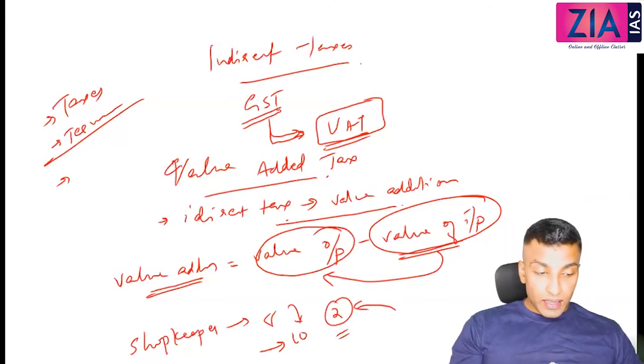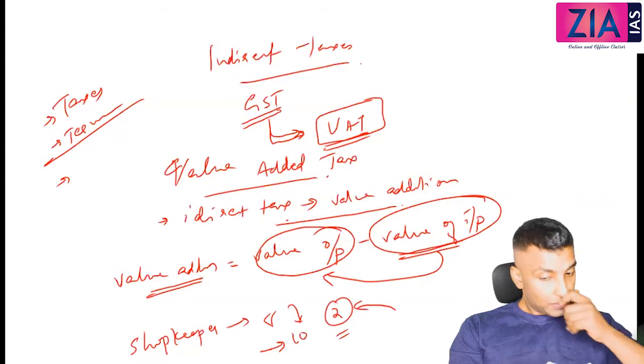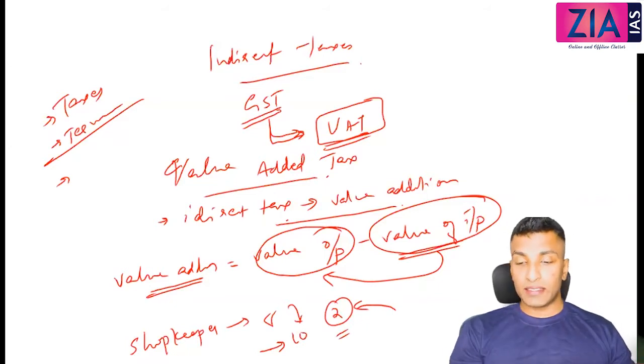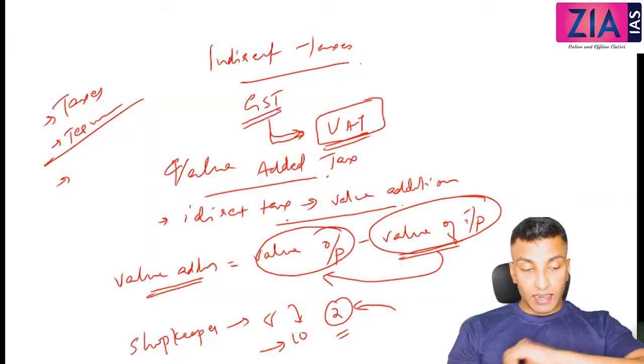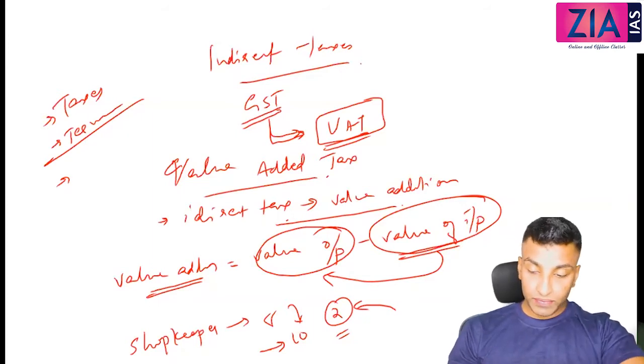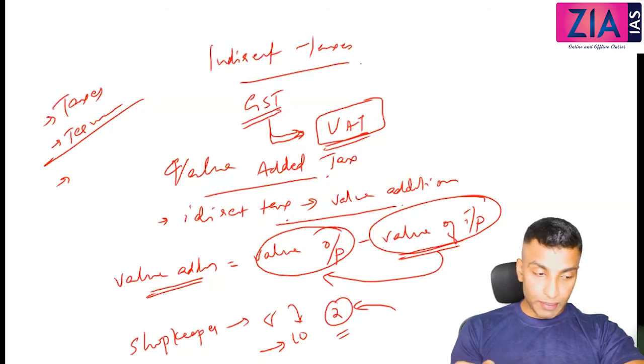It replaces all domestic indirect taxes like excise, comma, sales, comma, service tax, etc. Excise is at the production stage.